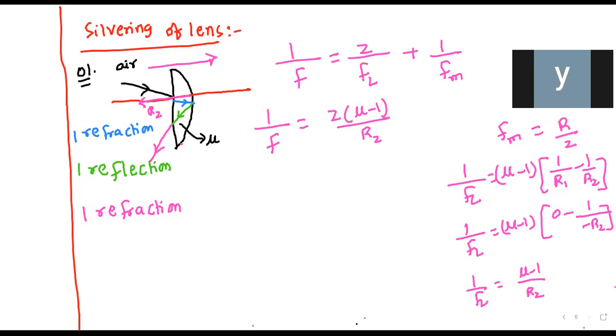That means here, for the convex spherical surface, the radius of curvature is negative. So the focal length will be minus R by 2. Upon calculation, we get F.